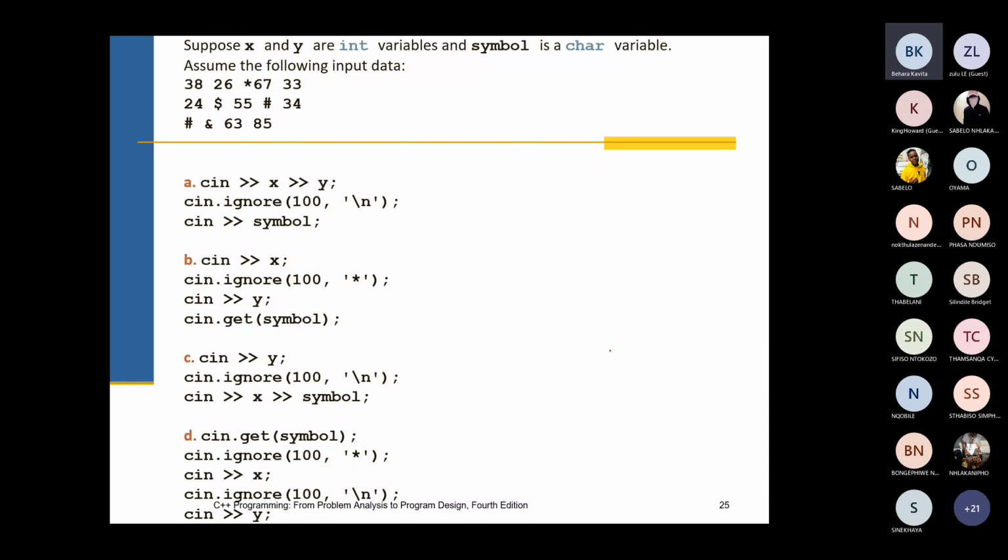First one: your input values are X and Y are integers and symbol is a character variable, right? cin >> X, what is the value I am going to store here? Your input values are as shown on the screen. What is X value? 38. Perfect, 38. What is the value of Y? 26. Then I'm getting a cin.ignore, right? cin.ignore meaning first you are going to ignore certain values.